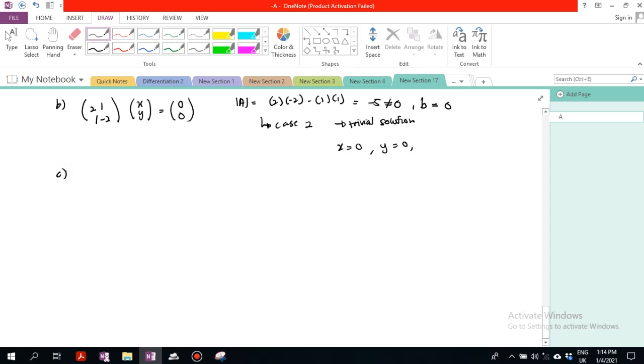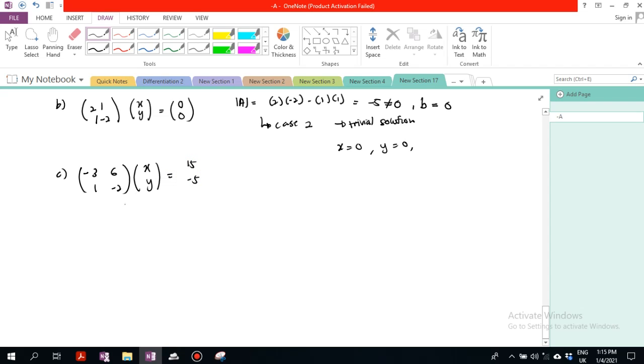Okay, we go for question number C. In matrix form, your C will be [-3, 6; 1, -2] times [x, y] equal to [15, -5].